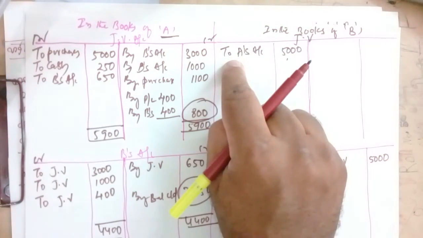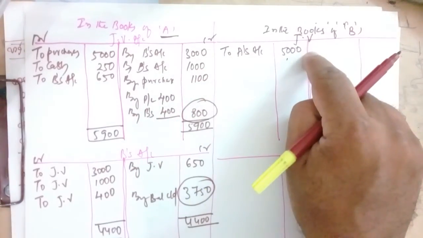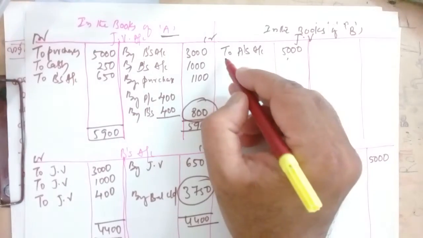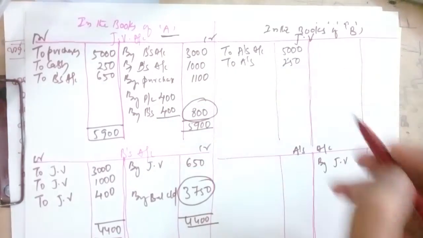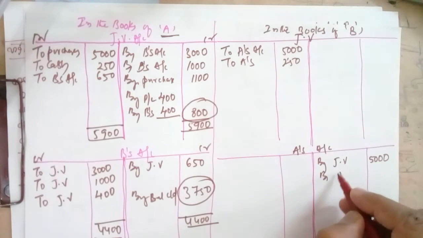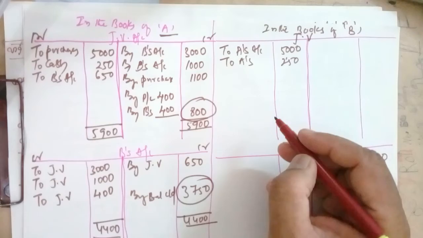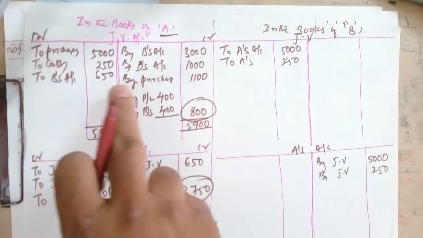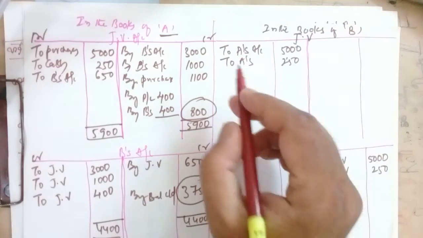So instead of writing purchases as we do in the books of A, in the books of B we write A's account. Then A incurred the expenditure to A's account. How much? 250. So in A's account by joint venture, 250 is the expenditure. Clear? Now B incurred the expenditure 650. As we are preparing in the books of B only, what do we write?